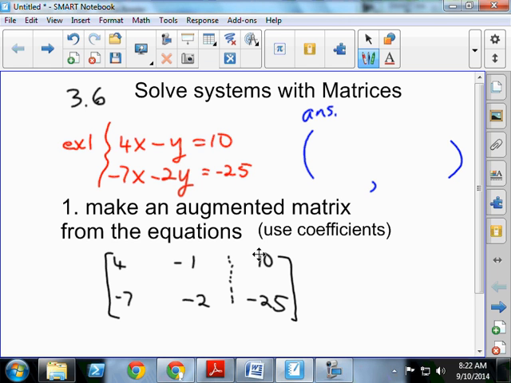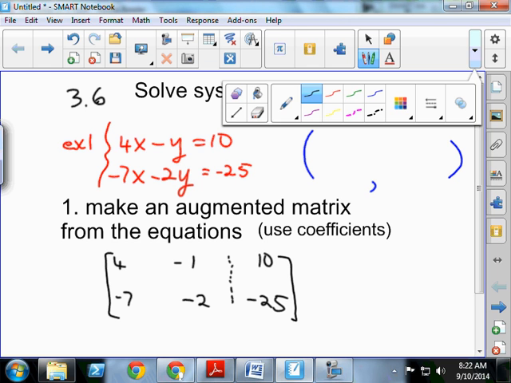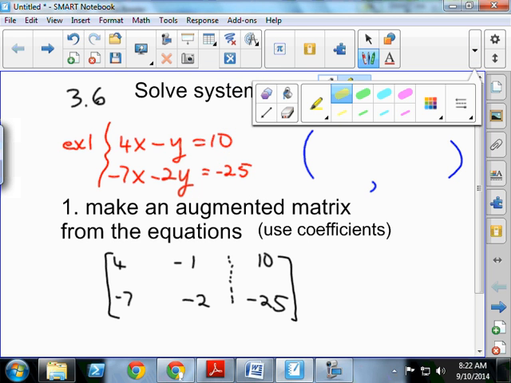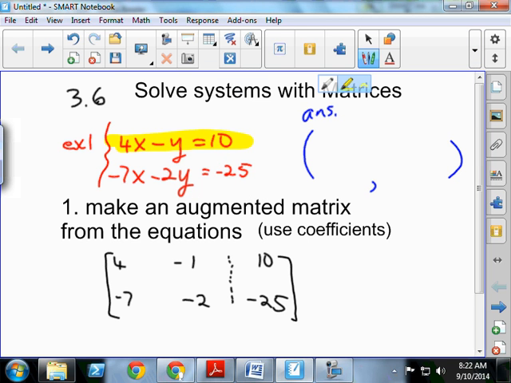What I want you to realize, and what you have to be able to understand and comprehend, is that this equation and this matrix row say the exact same thing. ¿Dónde está el baño? Where is the bathroom? Those are the exact same sentences, just in different form. One of them's in Spanish, one of them's in English. 4x minus y equals 10, 4, negative 1, 10.